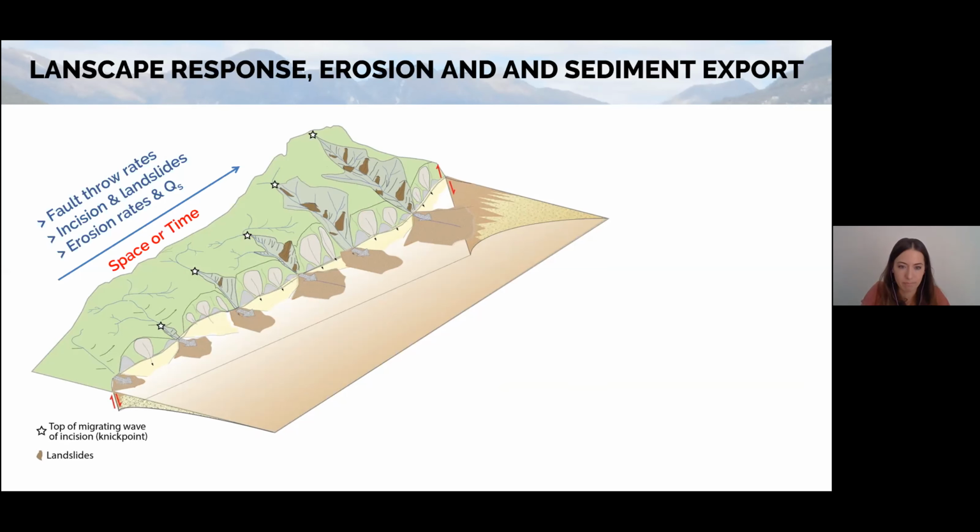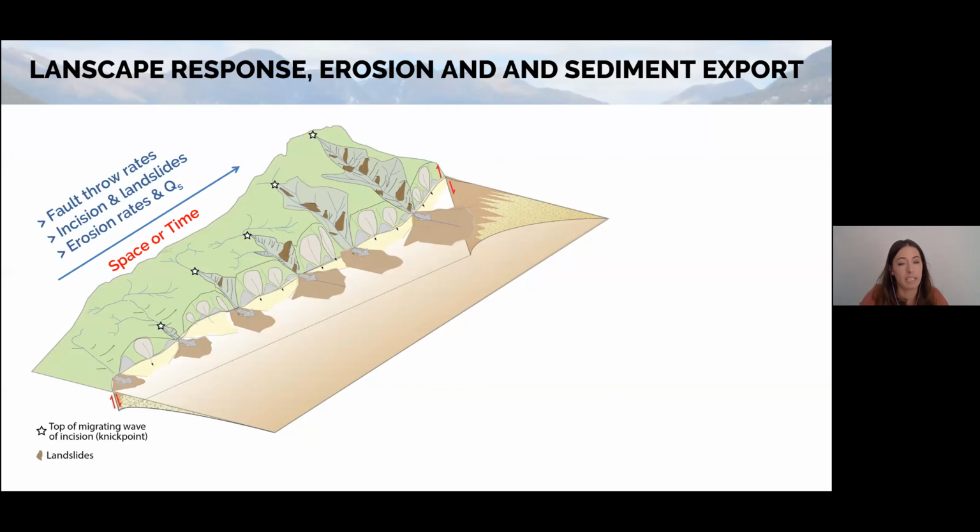And this pattern of landscape response can apply to catchments along a fault strike, as I'm showing here, but we can also think about it as applying to the temporal evolution of a catchment after fault slip rates increase, either following the onset of normal faulting or following a slip rate increment after linkage.